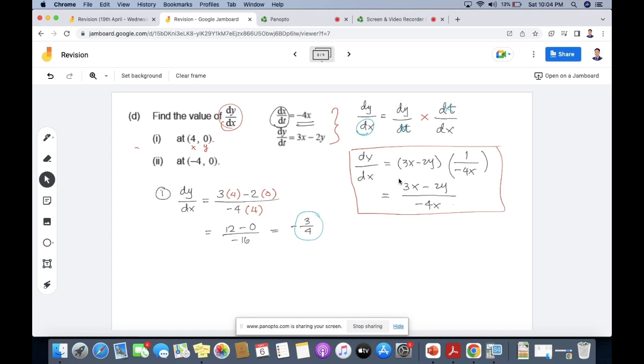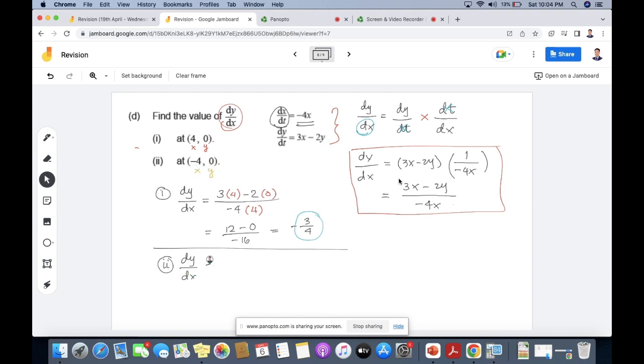All right, negative 3/4. So for the next one, dy over dx at (negative 4, 0). So I'll use yellow. So this is now my x, this is now my y.